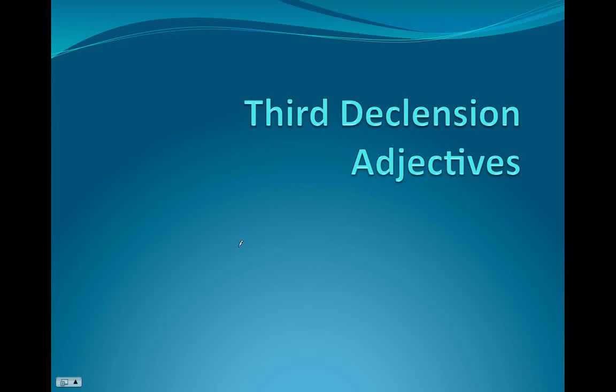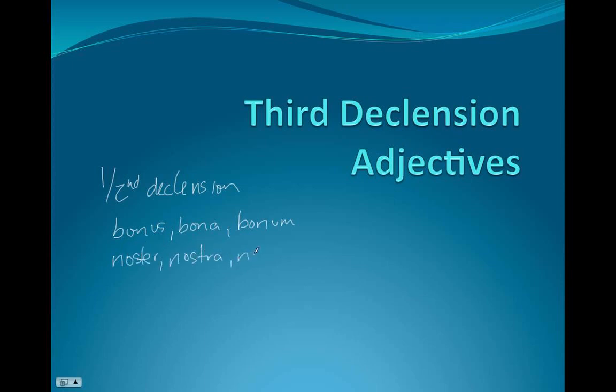In Latin, there are basically two types of adjectives. There's the first and second declension type, to which adjectives like bonus, bona, bonum, good, or noster, nostra, nostrum, our, belong.